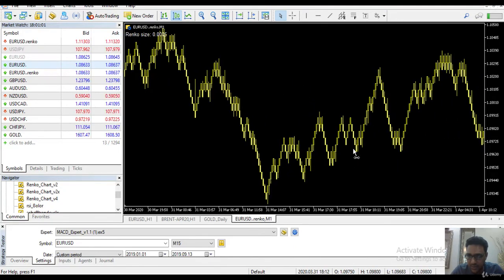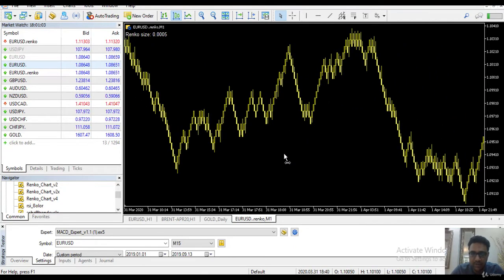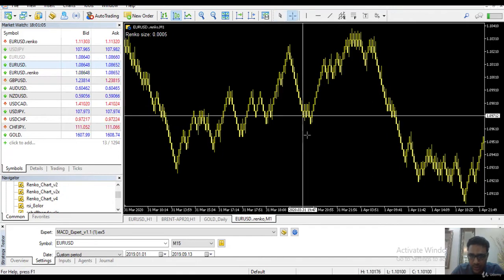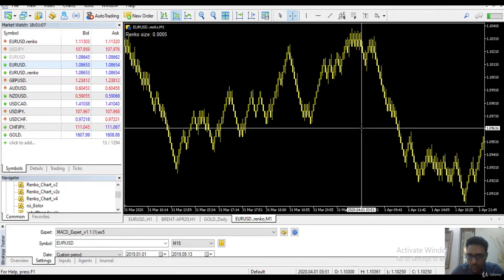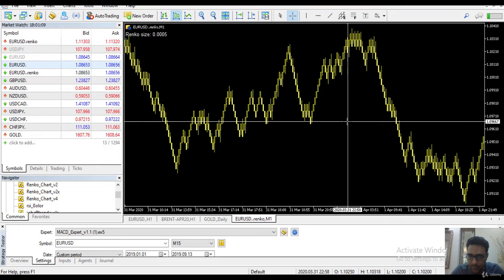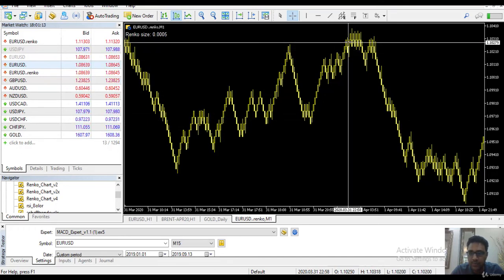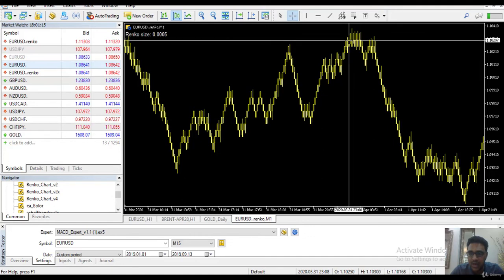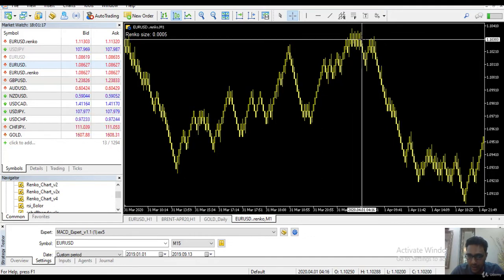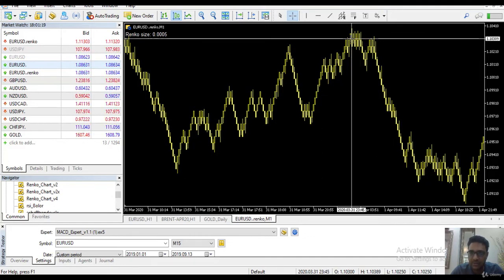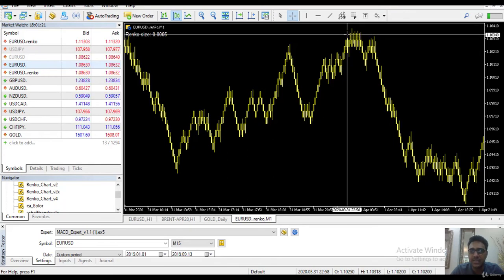So this is 31st of March around 11, and we can see from roughly this one. Now you can see there are a few breaks over here from the 1st of April till 1st of April, right? So this is the area.